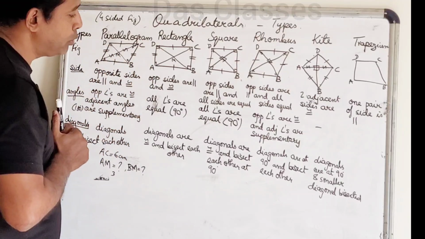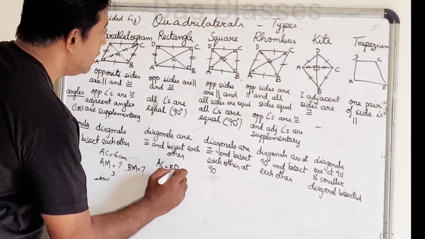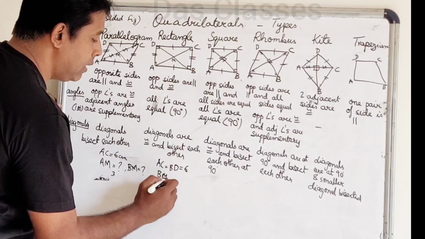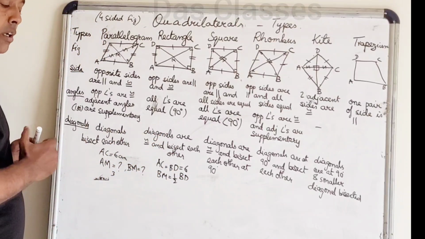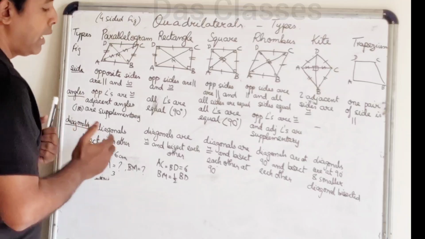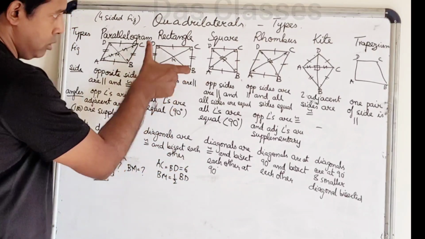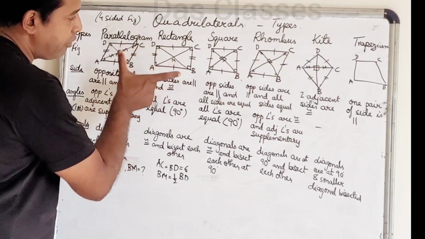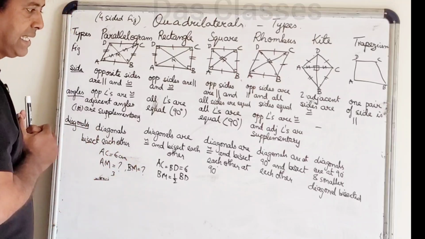So I write AC is equal to BD is equal to 6. Now BM is going to be half of BD, for the reason diagonals bisect each other. First I'll write diagonals are congruent, and then diagonals bisect each other. So BM is 3 centimeter. So we can calculate in this example.